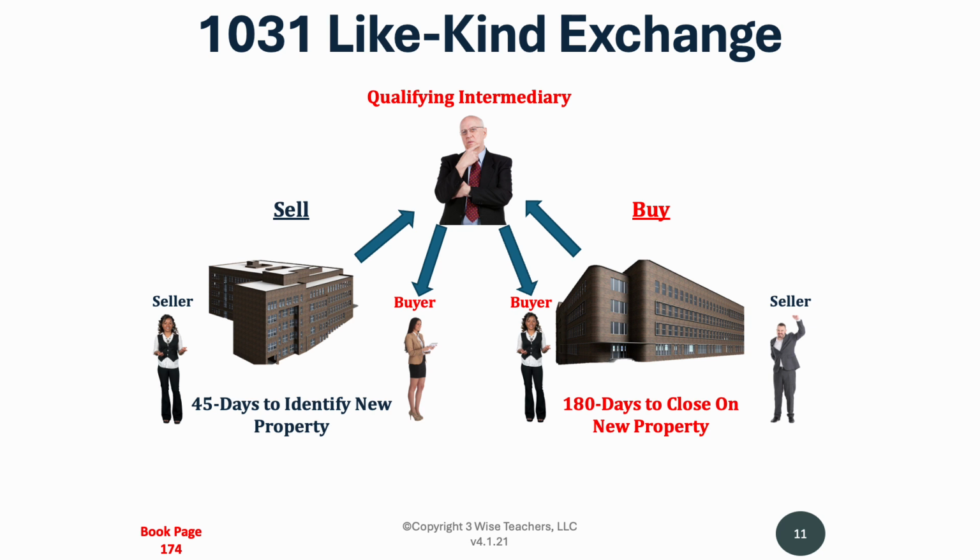There are like 3 options when you're identifying replacement properties, but your accountant can explain all of this to you. So don't worry about getting bogged down in those details. Here's the most important thing I said. When the seller sells the property, they have 45 days to identify the property that they're going to exchange their profits into.